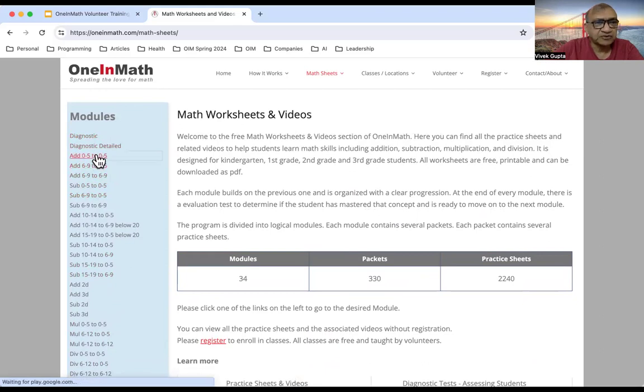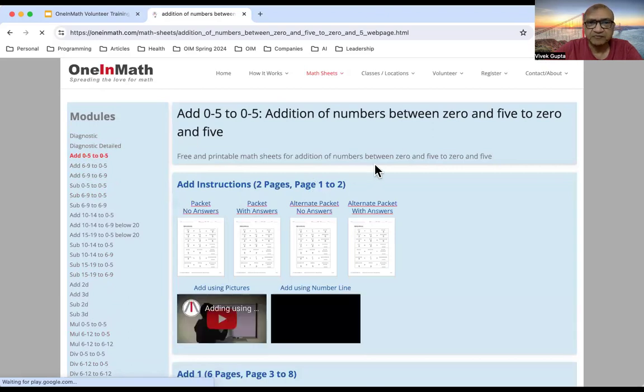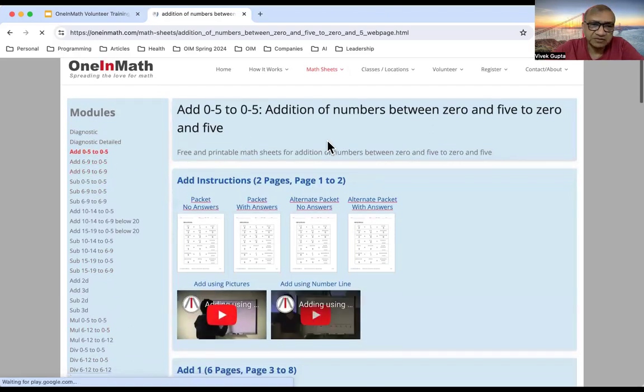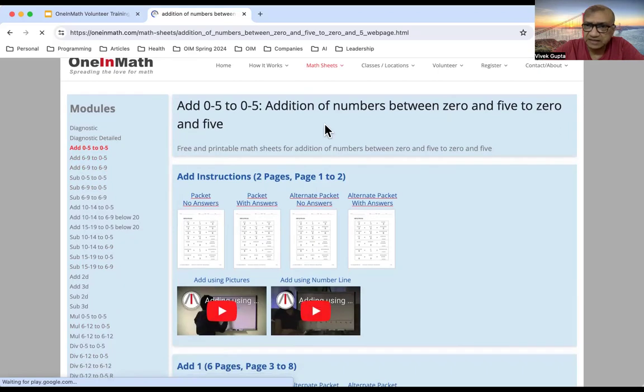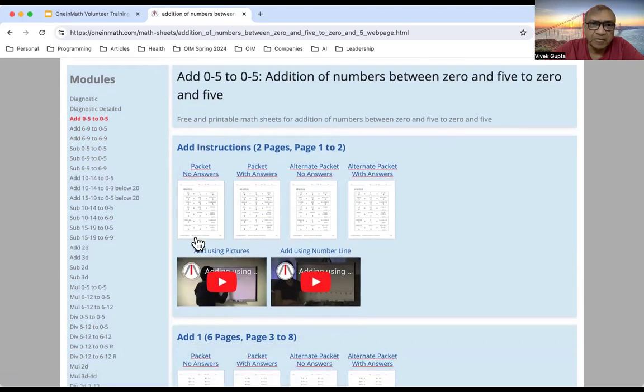So let's go back here and look at the structure of these modules. If you click on any of the modules, let's say add 0 to 5, you see a title right here, add 0 to 5. Each one of these cards is one packet. Instructions is obviously just instructions.